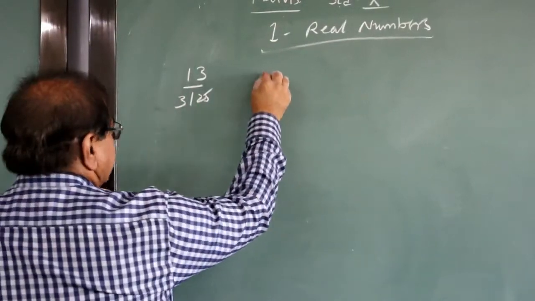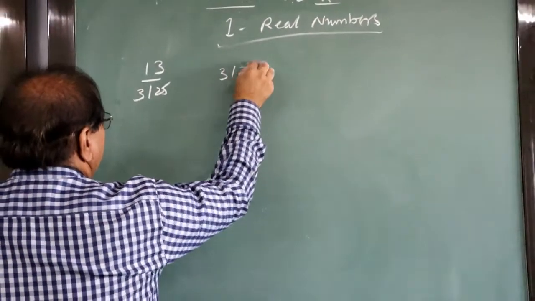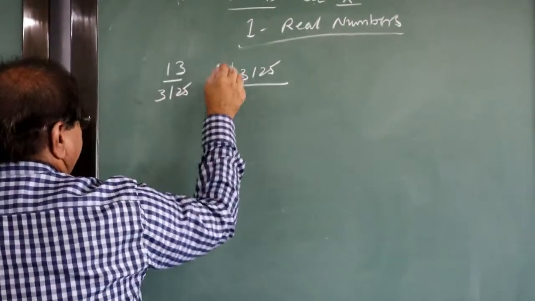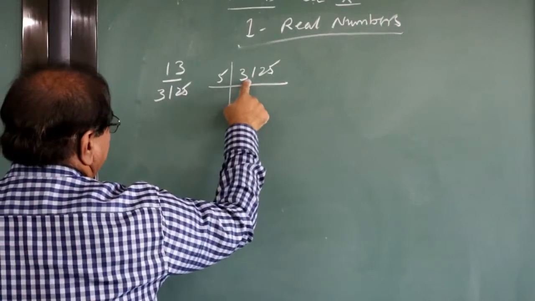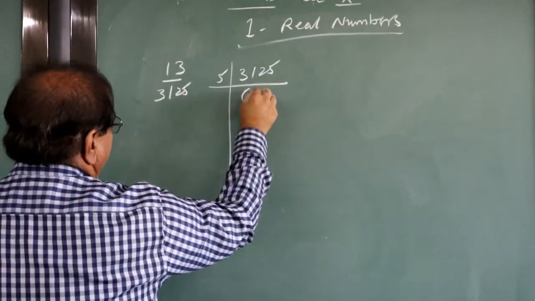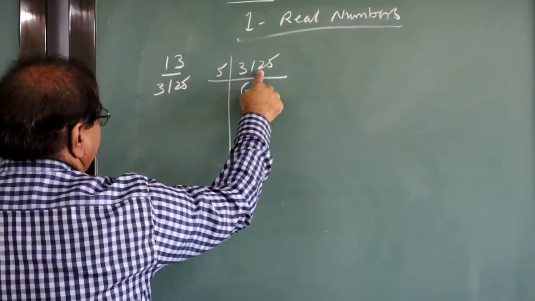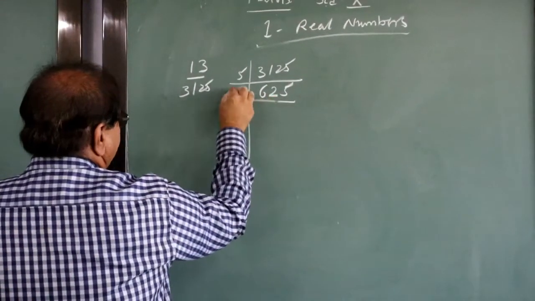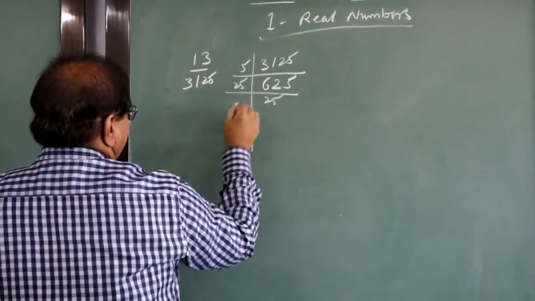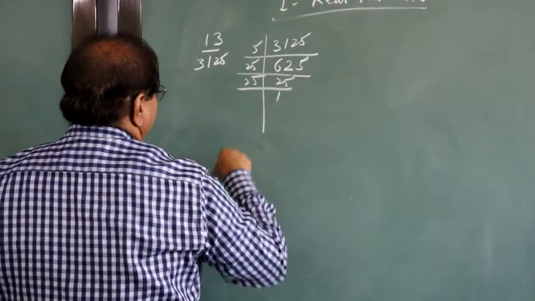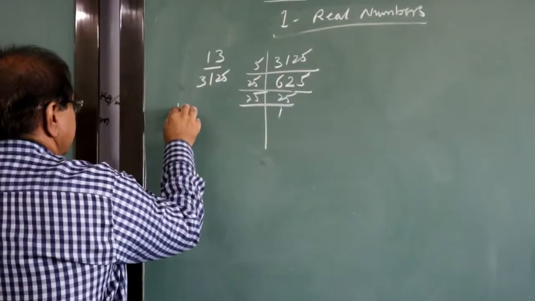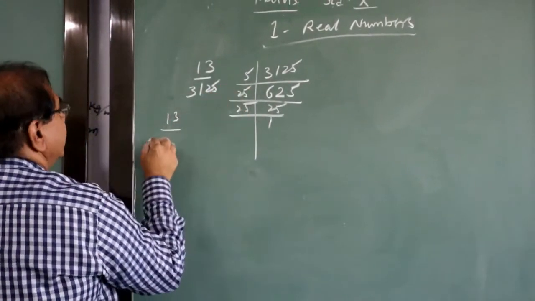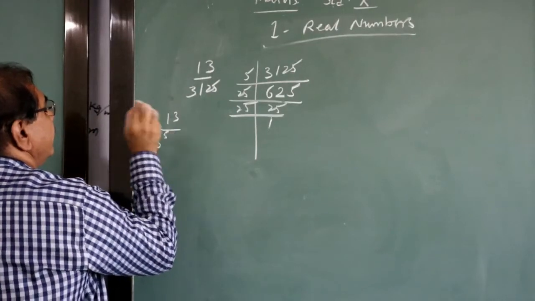Let us check, 3125. We perform the factorization, starting with 5. 5 6s are 30, 1 left 12. 5 2s are 10, 2 left 25. 5 5s are 25. Now we know 625 is the square of 25. So ultimately it is 13 upon 5 raised to 5.